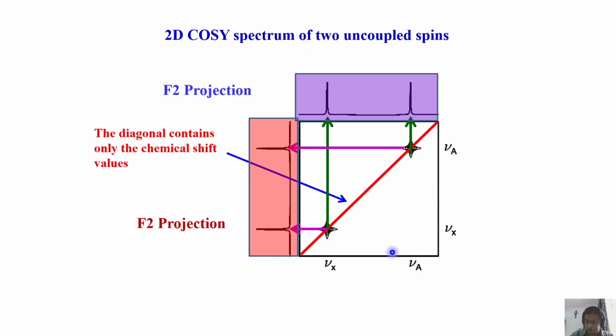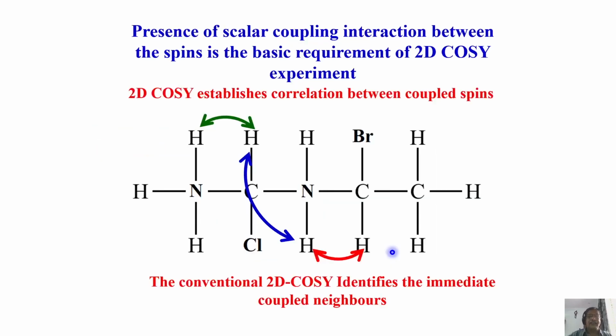Okay, now let us consider the example of what type of information COSY gives. The presence of scalar coupling interaction between the spins is the basic requirement I said. If I take a molecule like this and start looking at the 2D COSY spectrum, what am I going to get?